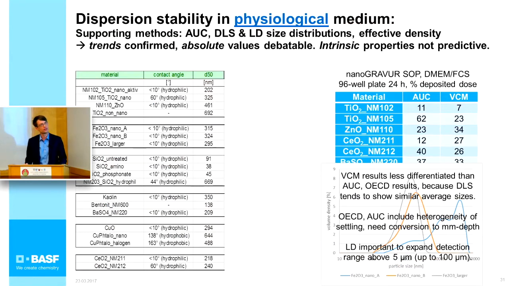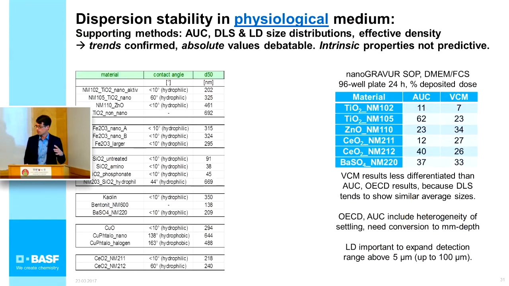We also see clear differences with different coatings. And so we think none of these methods is completely ideal. There are advantages of the OECD type method or of the AUC because they include all the heterogeneity. They measure distributions of settling dynamics.